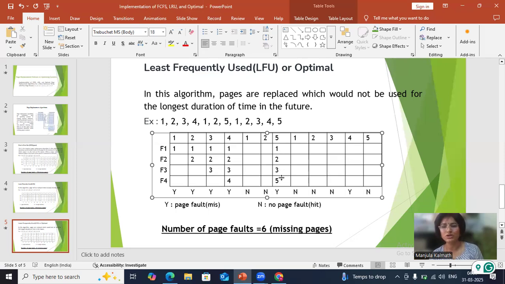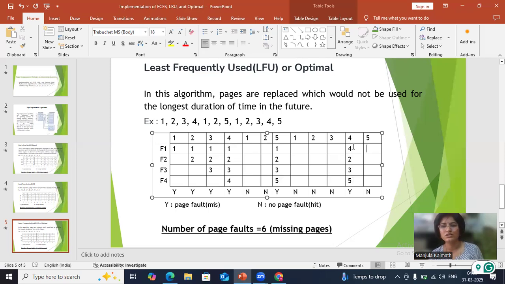So any of the others we can replace. If it is not specified, by default we go first come, first serve. So we replace 1 with 4 here, and the remaining 2, 3 stay. And 5 remains as it is.